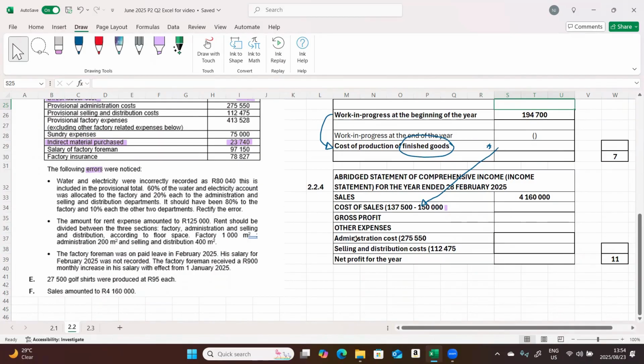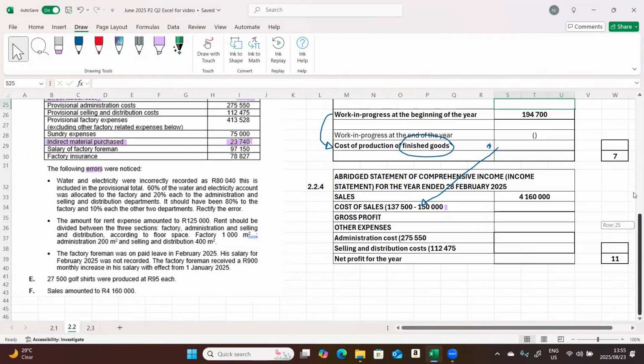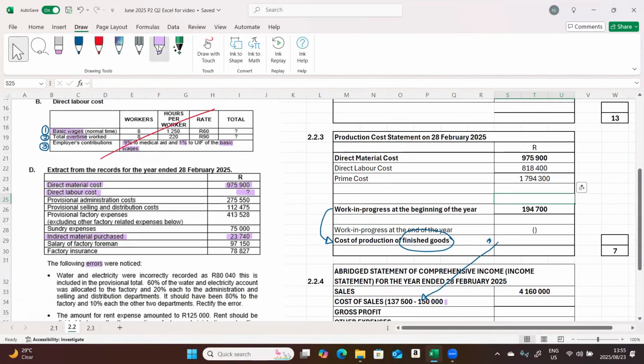Here is your administration cost, and they already put the provisional administration cost of 275,550 in the opening bracket for you. So that is not an actual problem.